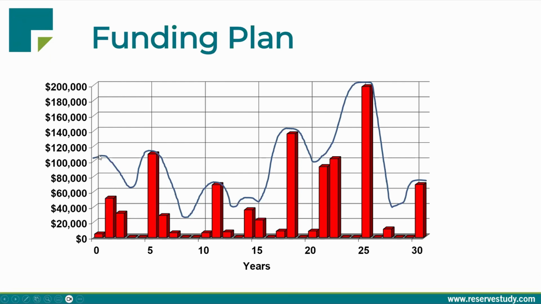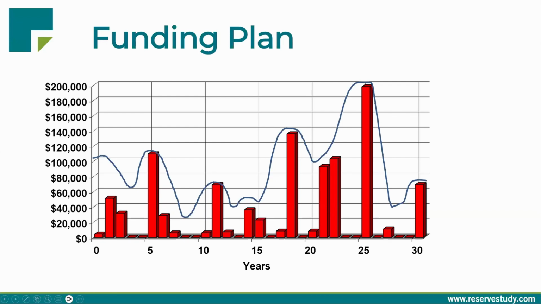But having the cash means that when you have reserve projects, cash goes down, but in years that you don't have expenses, your cash balance goes up. And so you always have enough money to pay the expenses and have enough cash to do the projects at your association. Now that kind of looks like success.